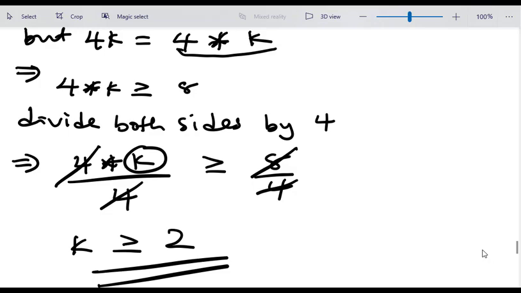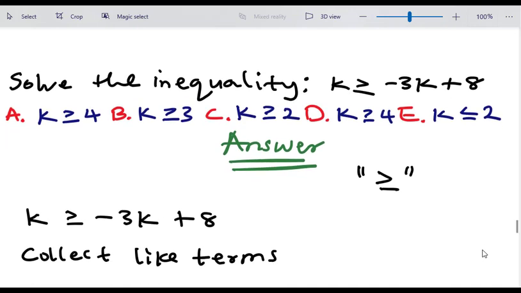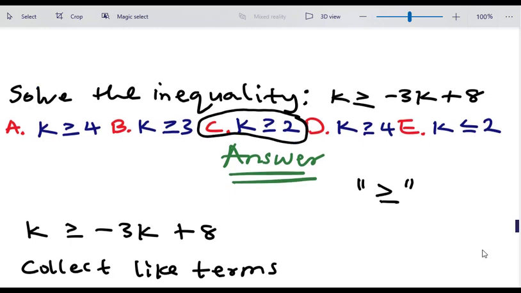So this is the answer. So let us scroll up. When we scroll up, you find out that option C is absolutely good to go. So this is the answer.